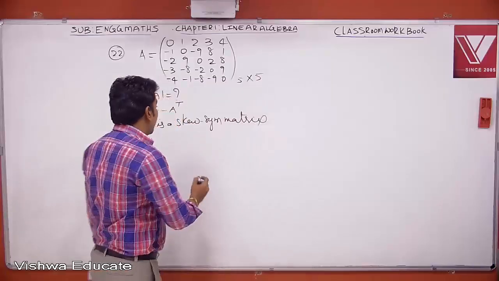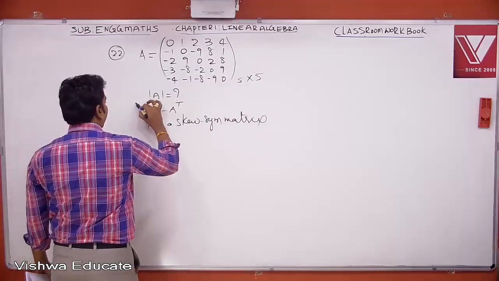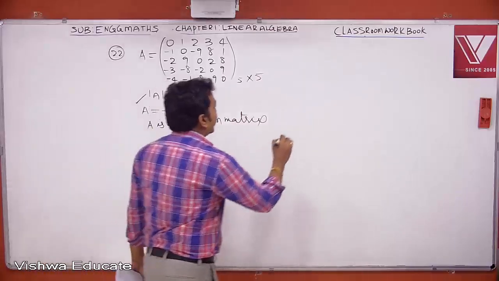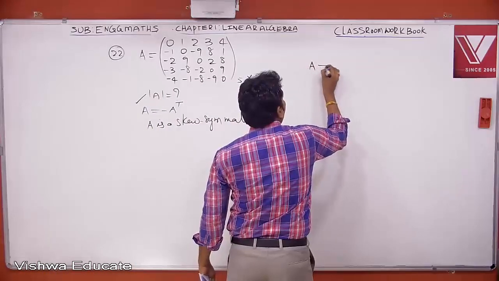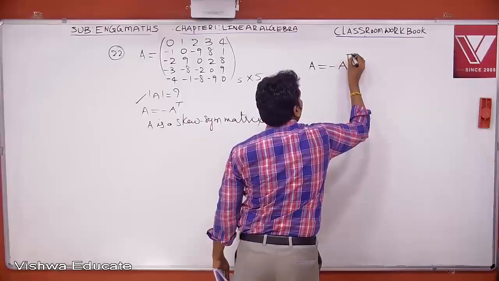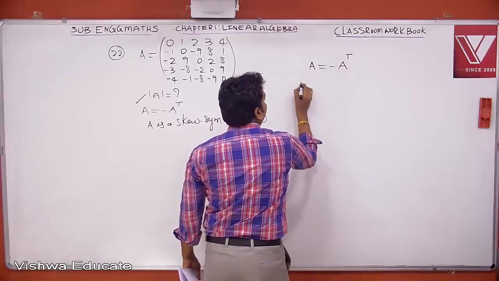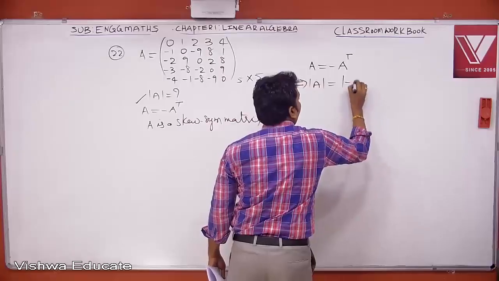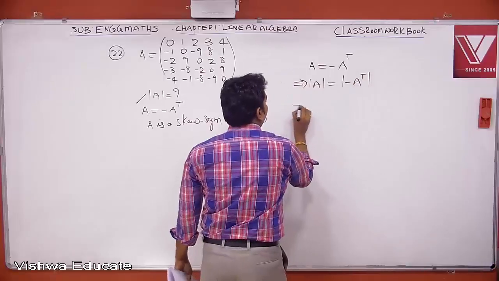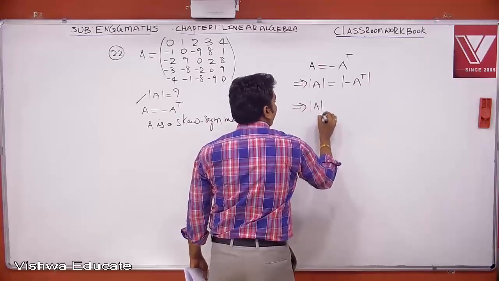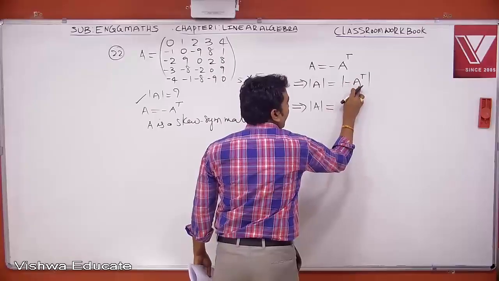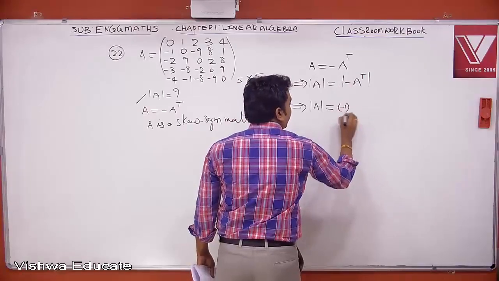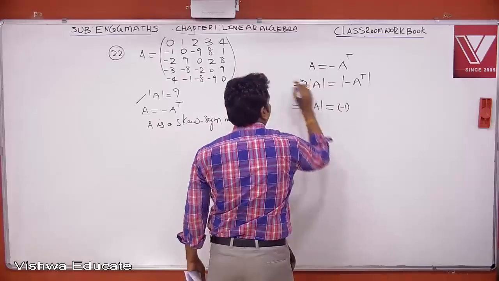Now in this case, let us try to find this by using the definition of skew symmetric matrix and properties of determinants. Here A equals minus A transpose. I want det A. So det A is det of minus A transpose. This is the det of Ka, and det of Ka is K power n, where n is the size of the matrix, which is 5.